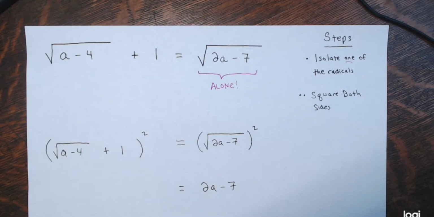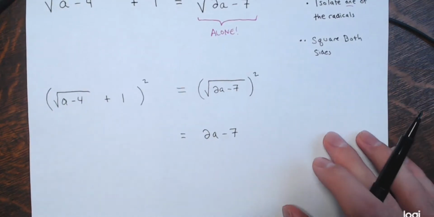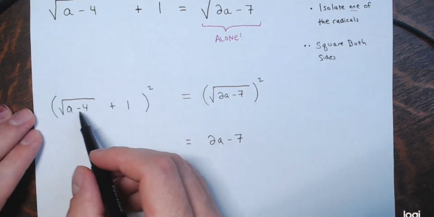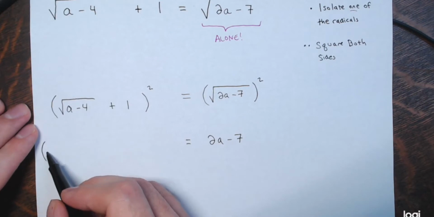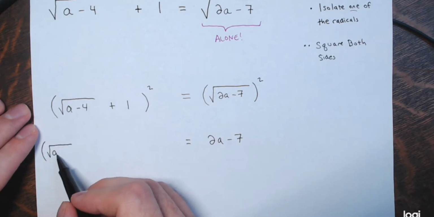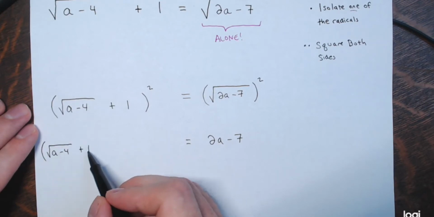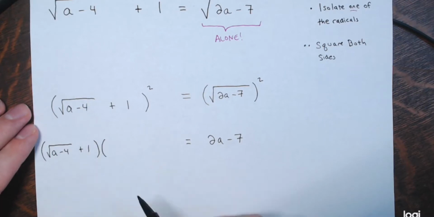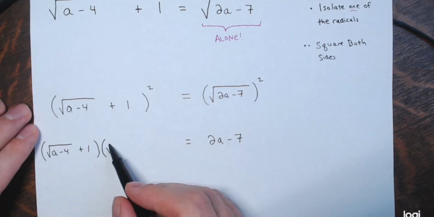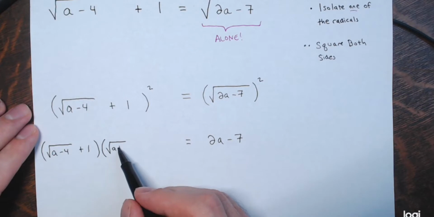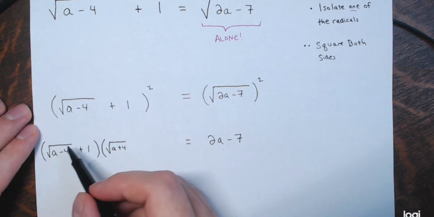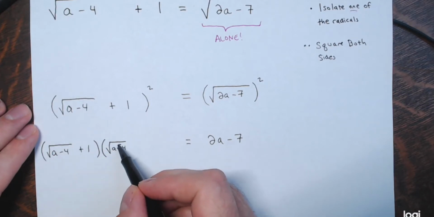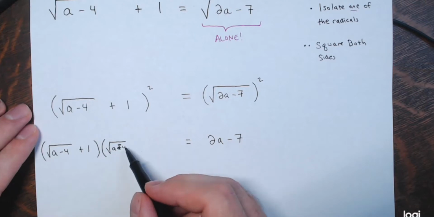And don't forget what that means. That means you're taking that entire side, the square root of a minus 4 plus 1, and multiplying it by itself. So multiplying again by the square root of a minus 4, plus 1.